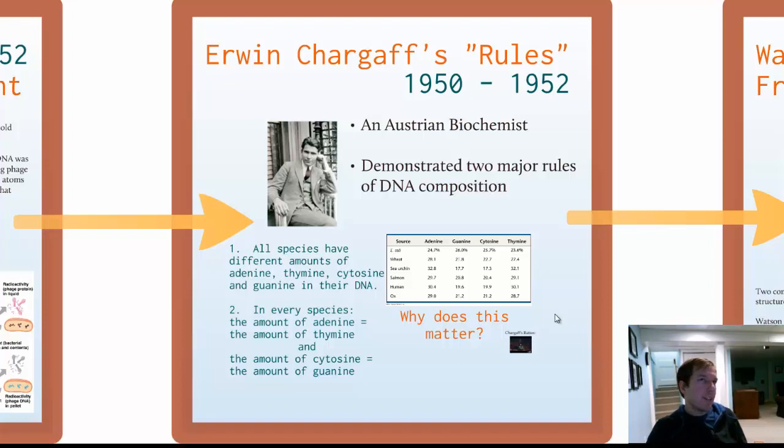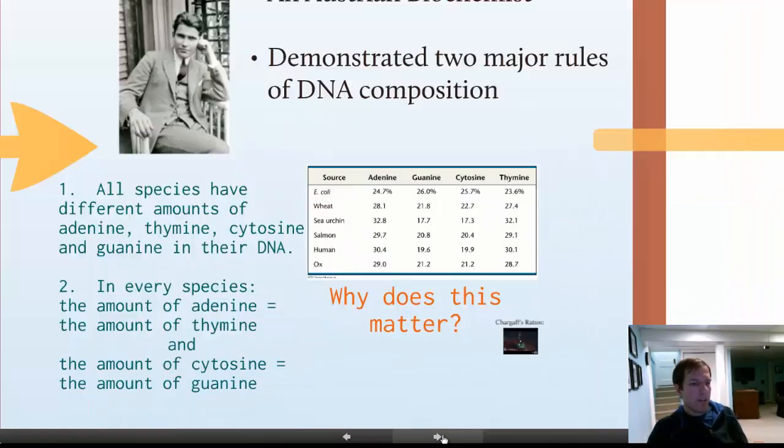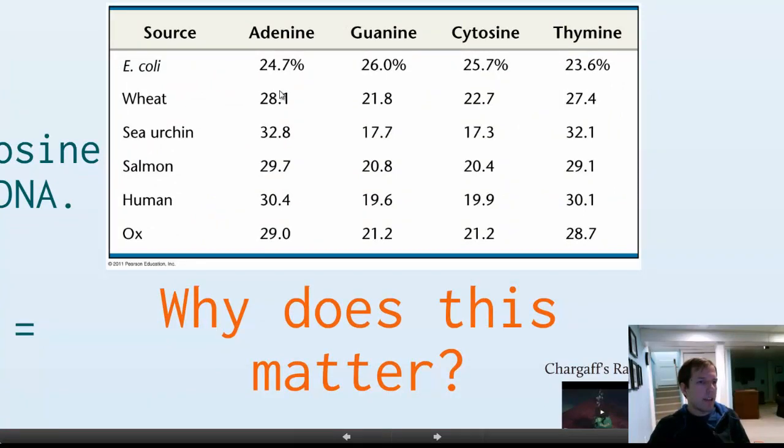And no matter what size sample he took, every time, no matter what the species was, what the sample of DNA was, he found that the amount of adenine and thymine would be similar to each other, and the amount of cytosine and guanine would be roughly equivalent to each other. Again, you can see not exactly the same, but that's within the range of acceptable experimental error.